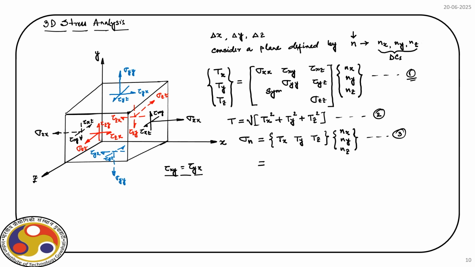In fact, if we put the expression of Tx, Ty, Tz from equation 1, we basically get nx square sigma xx plus ny square sigma yy plus nz square sigma zz plus twice nx ny tau xy plus twice nx nz tau xz plus twice ny nz tau yz.